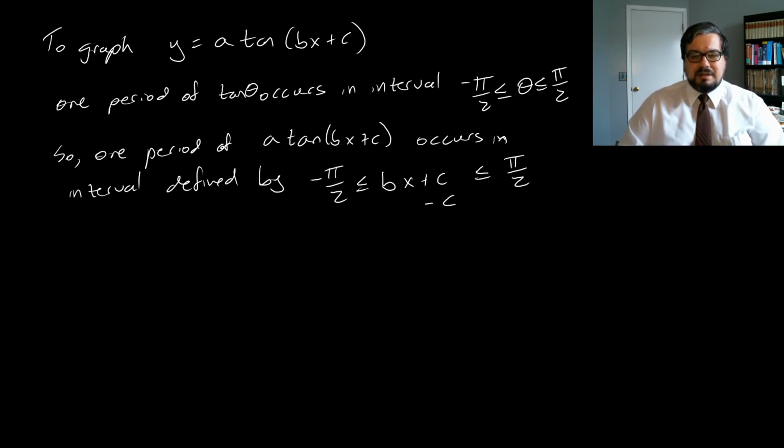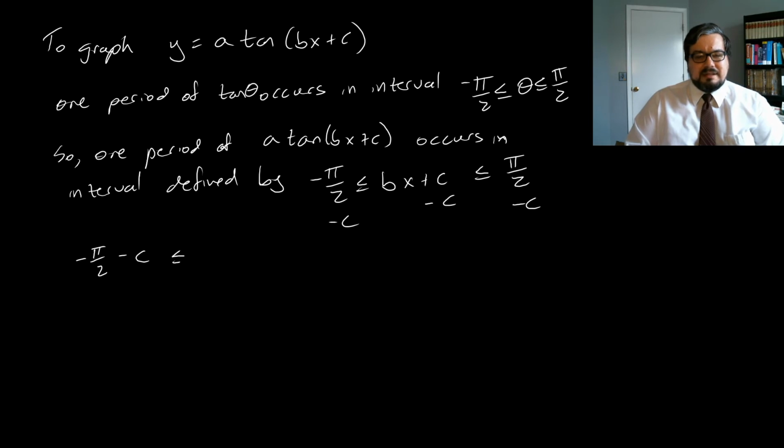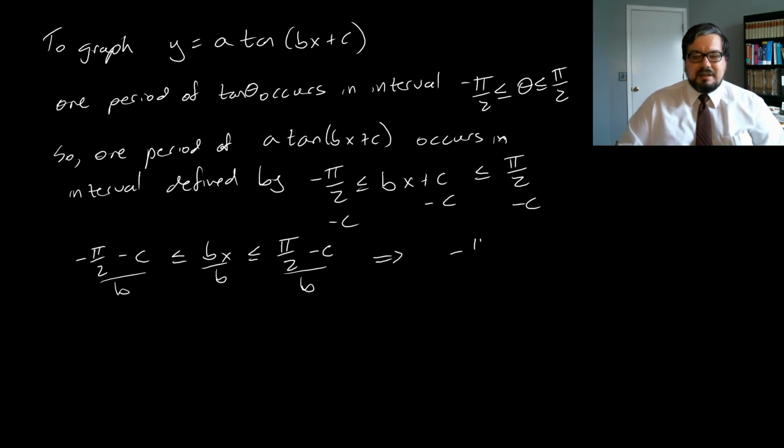So let's start by subtracting c from all sides. And so we'll get negative pi over 2 minus c is less than or equal to bx is less than or equal to pi over 2 minus c, and then divided by b. This gives us that negative pi over 2b minus c over b is less than or equal to x is less than or equal to pi over 2b minus c over b.